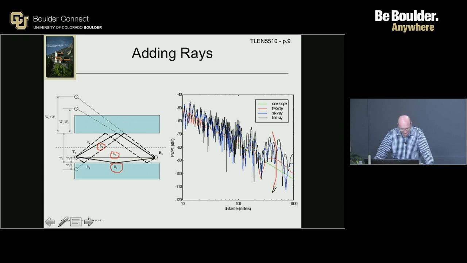If you assume that the transmitter is WT away from the building, the distance L1 is simply the square root of D0 squared plus 2WT squared, because that triangle gives you the distance L1.